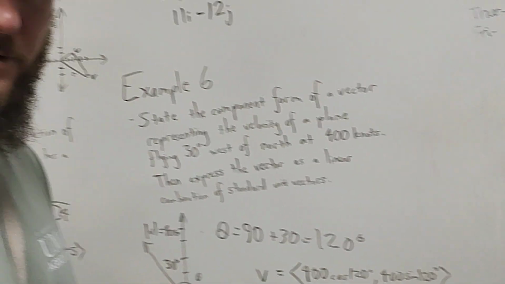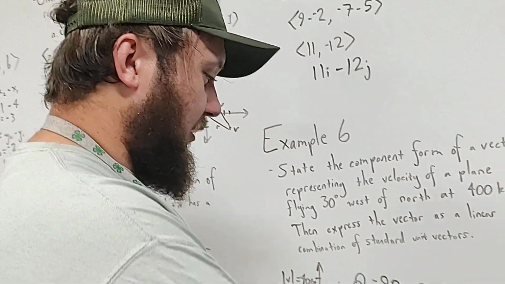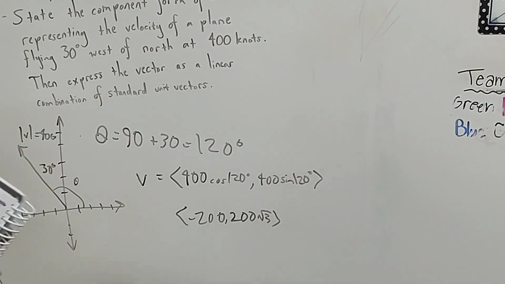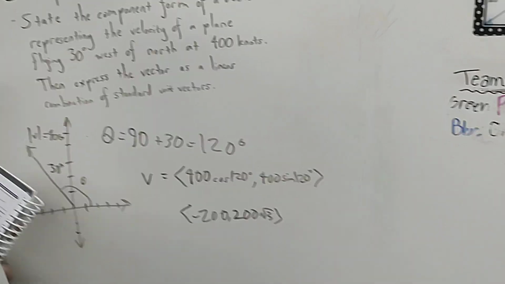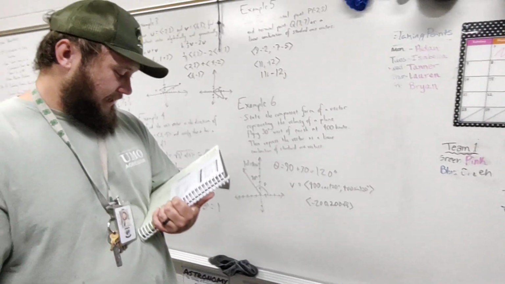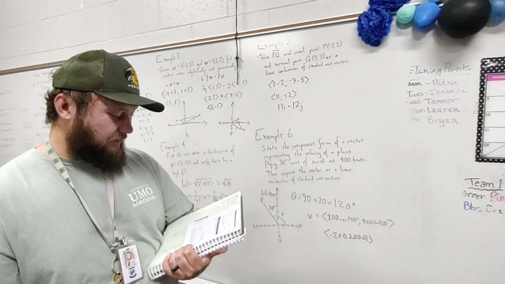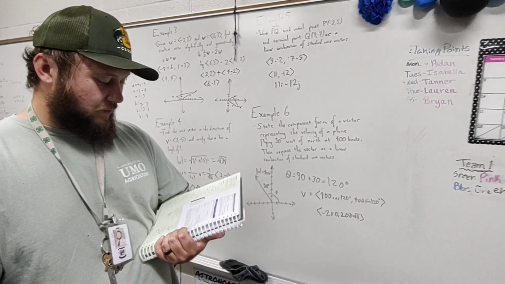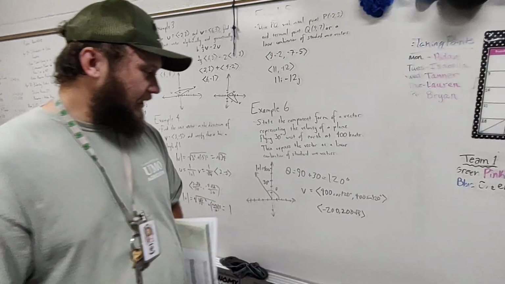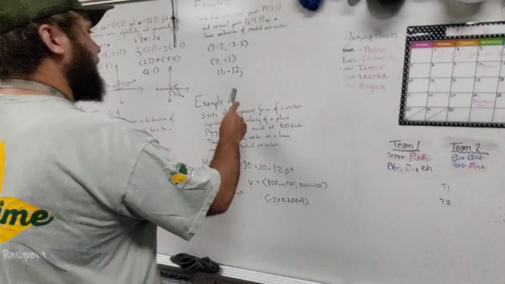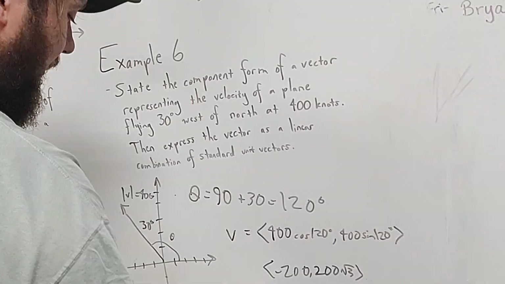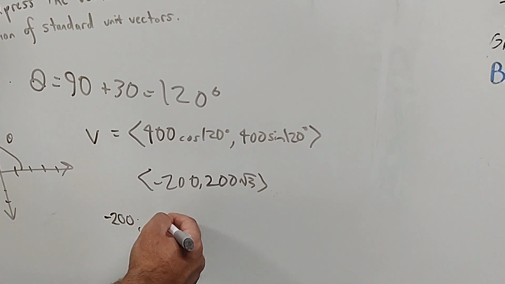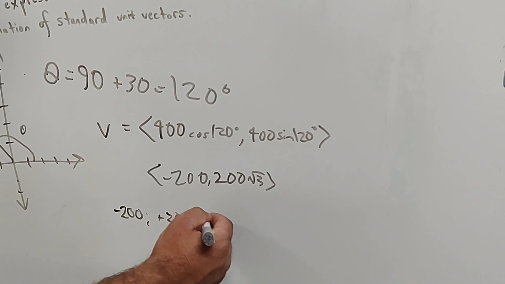Now, of course, if you're actually going to use a unit circle, which you can, you would get certain x and y values for these two that you would have to plug in and then multiply by 400. So cosine 120 would be negative 1/2, and sine 120 would be root 3 over 2. So now that we have it in this form, all we have to do is put it back here. So negative 200i plus 200 root 3 j. And that's going to be it.